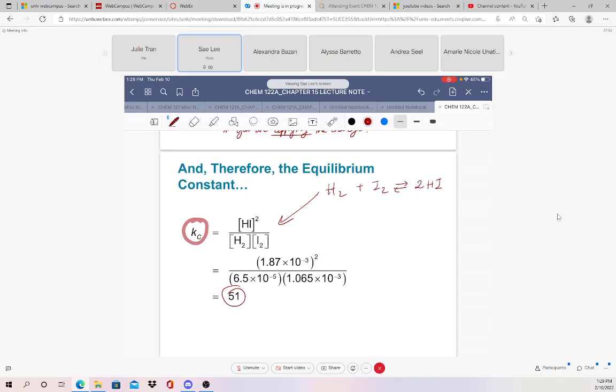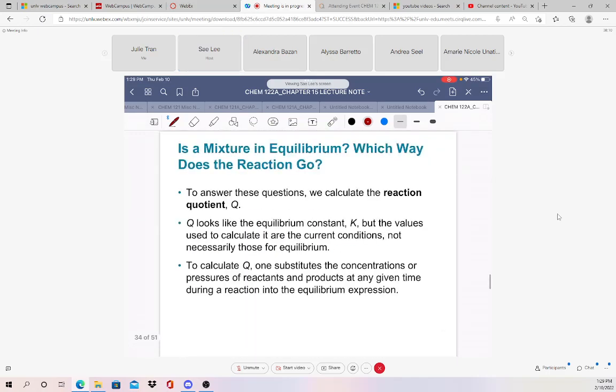Or if you are given the equilibrium concentration, you should be able to find the change. So there will be a variety of this type of question, if that makes sense. Thank you. So this type of question will definitely be on the exam.